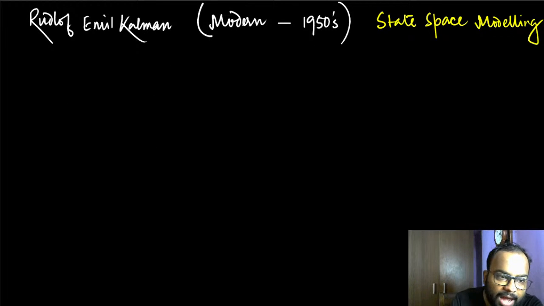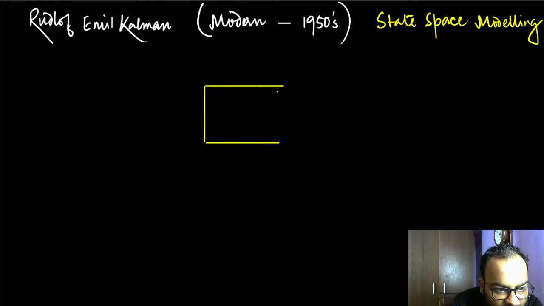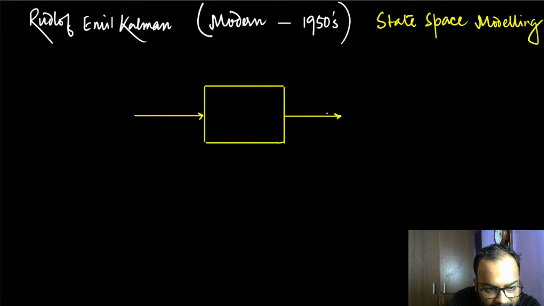All right, so right now we are going to approach it in one of the canonical ways, one of the standard ways in which you can actually deal with this. Let's imagine we have a system, and for the sake of simplicity, let's assume that it's a linear time invariant single input single output system, so that it has a transfer function as well, and a pretty usable transfer function.